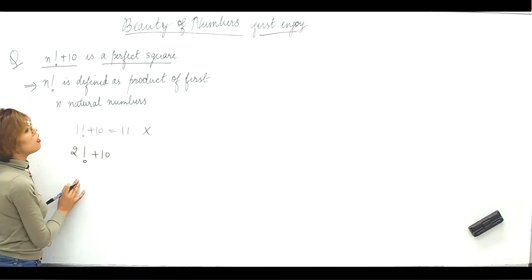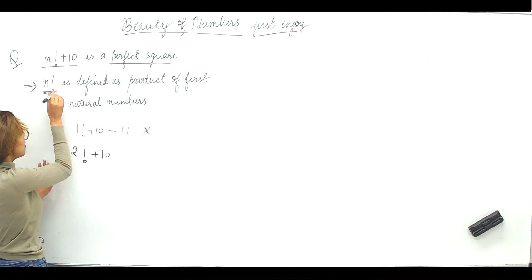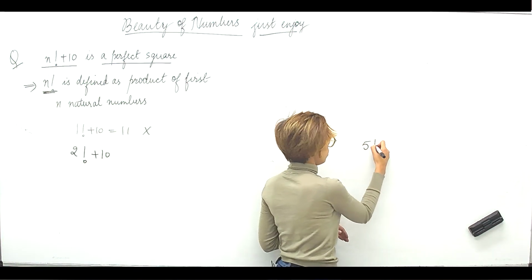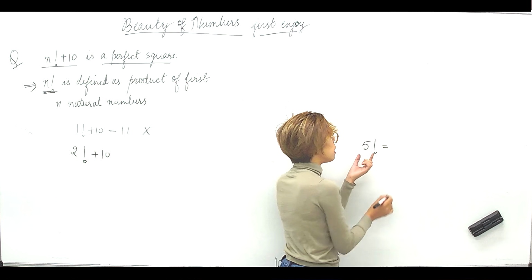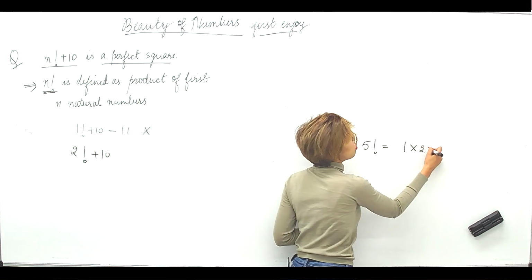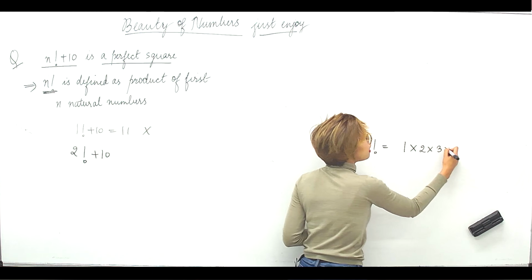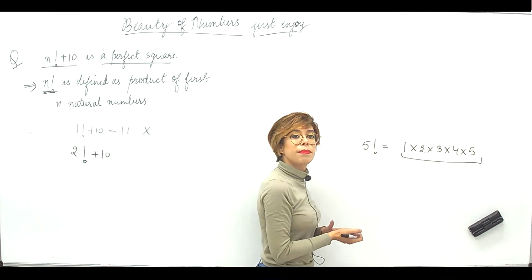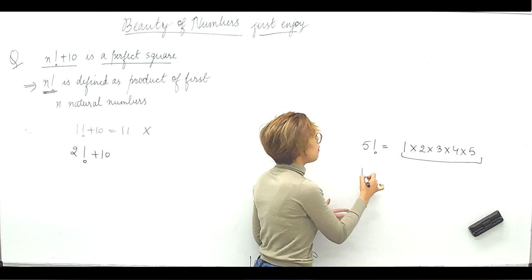Now, first of all, I should clarify what n factorial is, so let me explain if you don't know. Suppose I consider 5 factorial. 5 factorial is the product of the first 5 natural numbers: 1 into 2 into 3 into 4 into 5. Suppose I ask you 10 factorial.